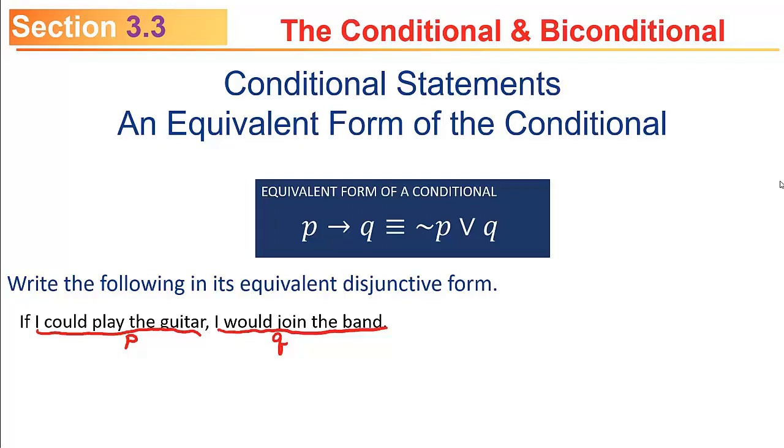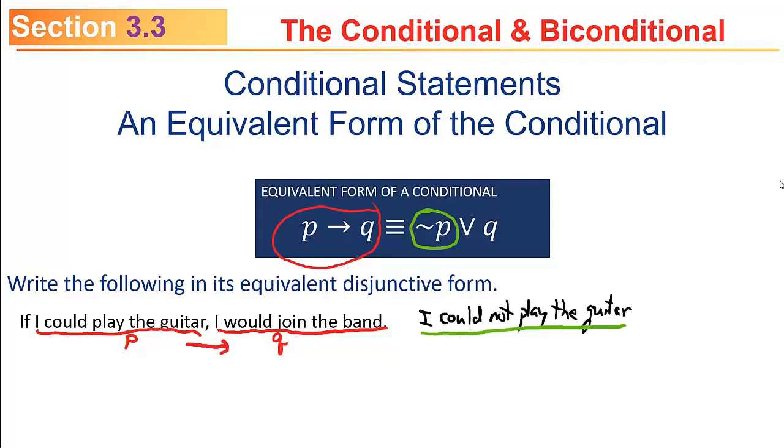So I'm taking that statement, which is modeled on the left-hand side of that formula, and changing it to the right-hand side. So right now, I've got the left-hand side of the equation done. I want to change it to the right-hand side of the equation. So I form not P. Well, if P is I could play the guitar, then not P is I could not play the guitar.